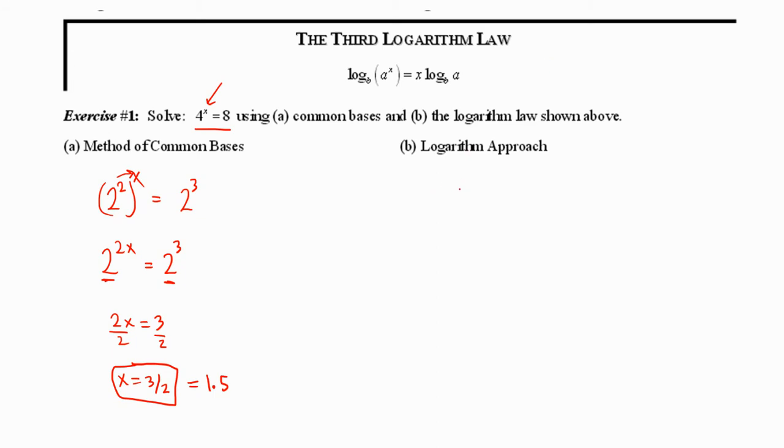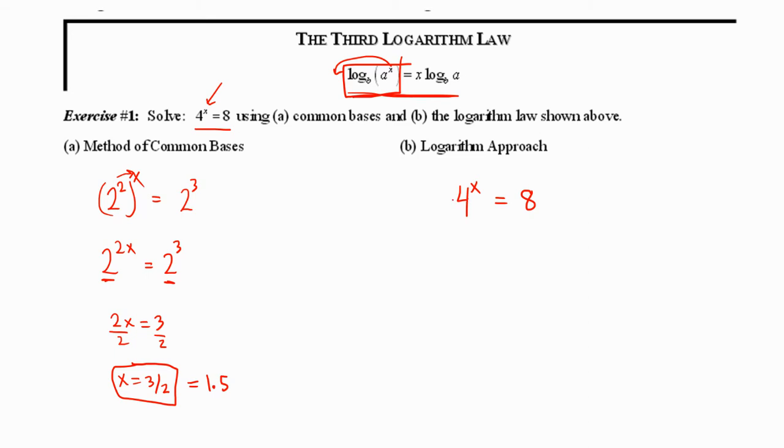So the log approach would say, using our third logarithm law, that if we have this part on the left, we can move the x into the front. Our equation doesn't look like that yet, but we've got 4 to the x right now.